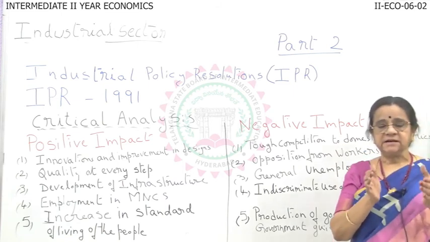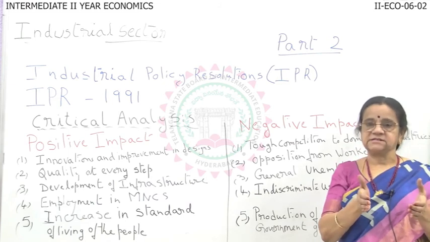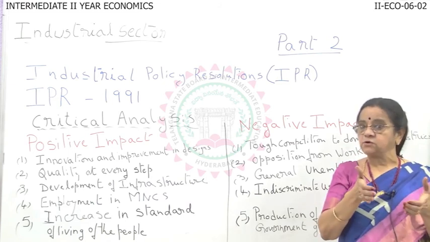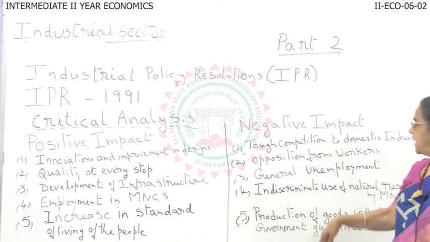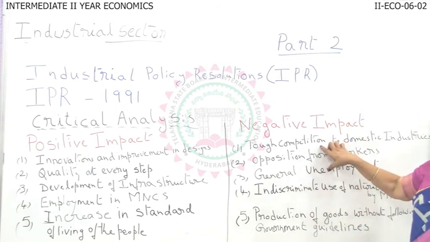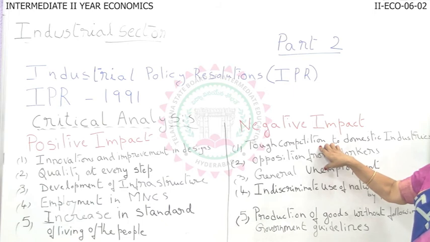The domestic industries, the industries belonging to our own country, are facing stiff competition from international companies. The companies of other countries have high standards and high quality. So, Indian industries are facing tough competition in withstanding them.